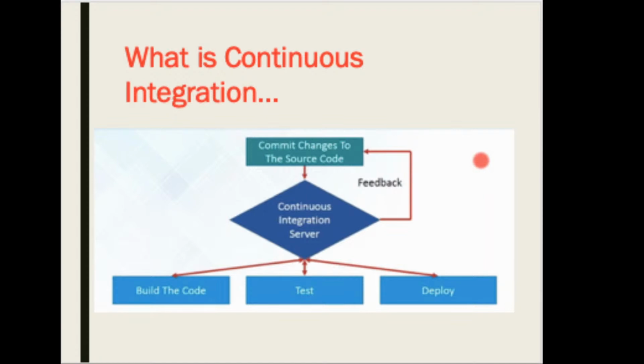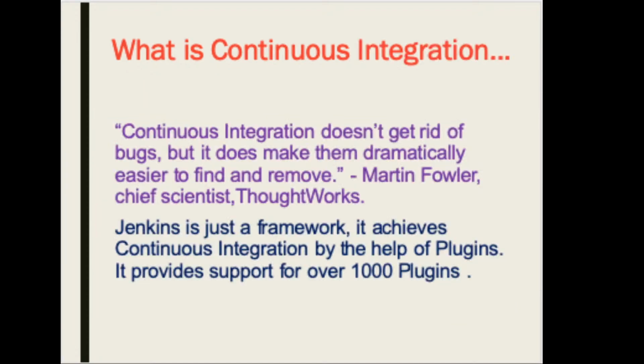The continuous integration server has capabilities to provide constant feedback to the developers. Based on the feedback, you will modify your code and feed it back to the continuous integration server.